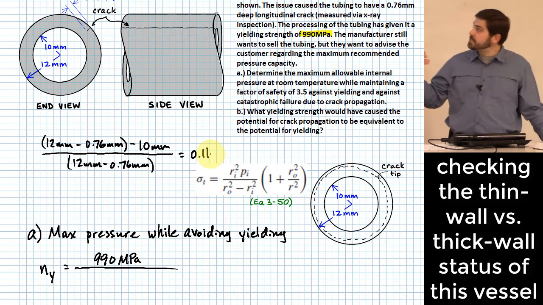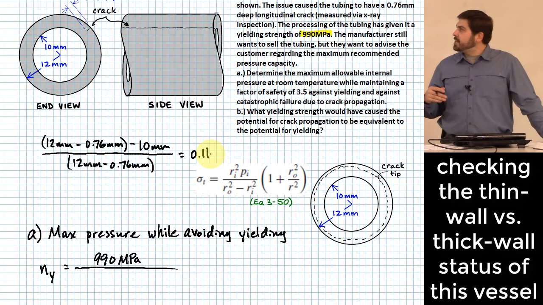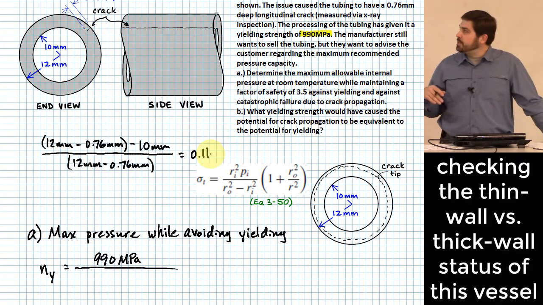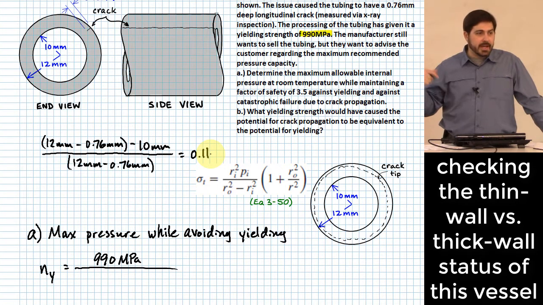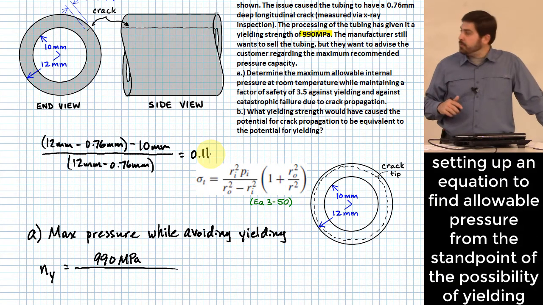If this had been less than 0.1, we'd have felt better about maybe using a thin-walled approximation, okay? But you might have thought that that's where we'd end up because I went ahead and put this equation for the tangential stress on here, the equation 350, it's labeled down below there. And that one is for thick-walled vessels where you only have internal pressure. Okay? So what do we need to plug in for that equation?